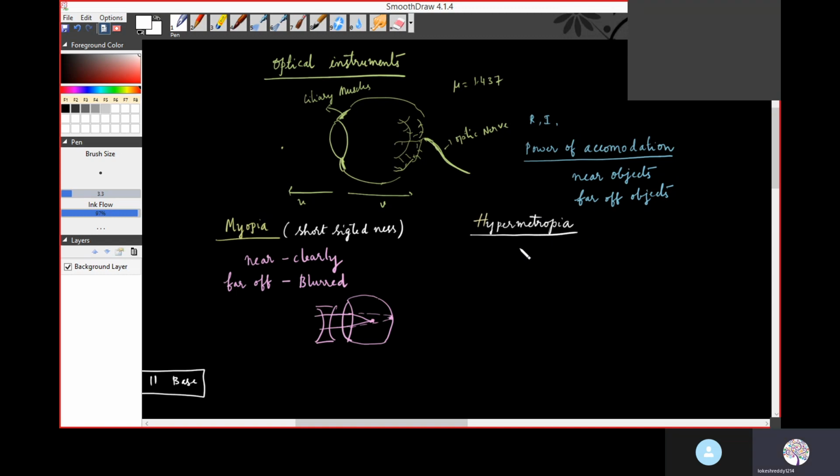In hypermetropia, distant objects you can see clearly, but near objects appear blurred.